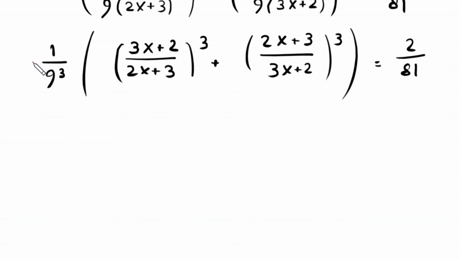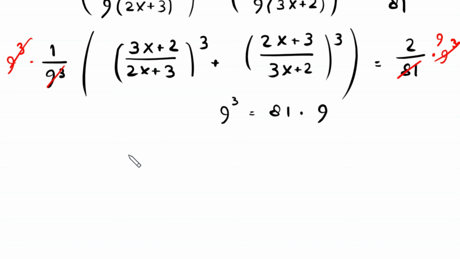We multiply both sides by 9 cubed. This 9 cubed will be cancelled out, and 9 cubed is the same as 81 times 9. So this 81 will be cancelled out, and here we are left with 9.